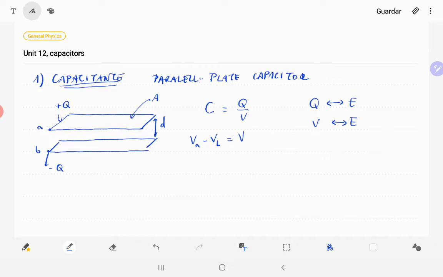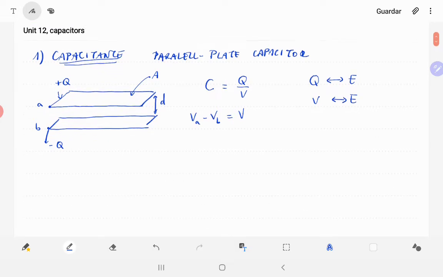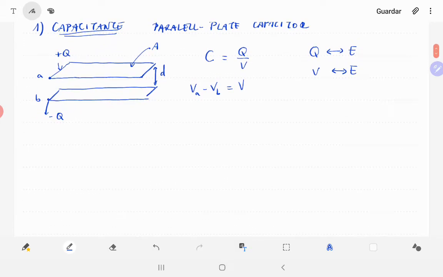In the approximation of infinite plane, we know what the electric field of an infinite plane of charge sigma is. If you remember, we call sigma the surface charge density. And in this case, we could calculate it as the total Q divided by the area.